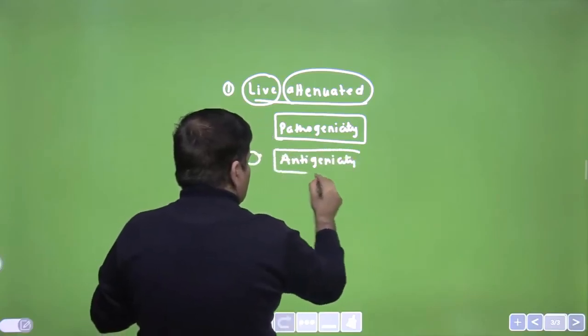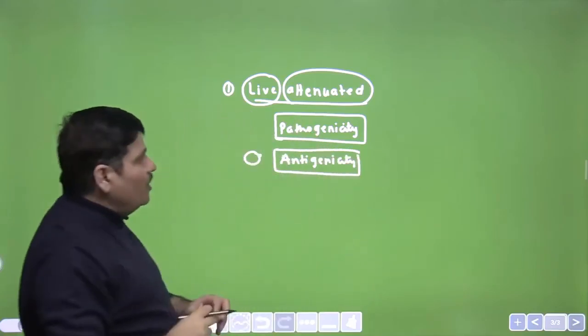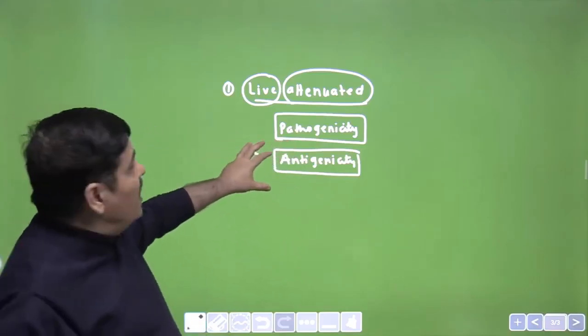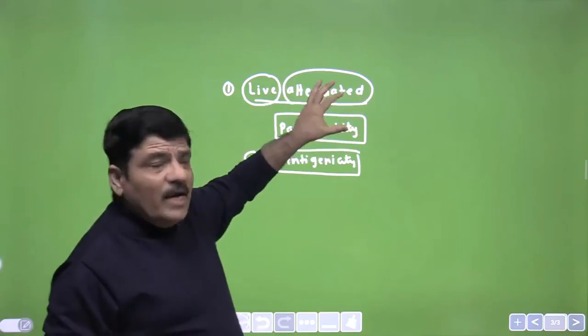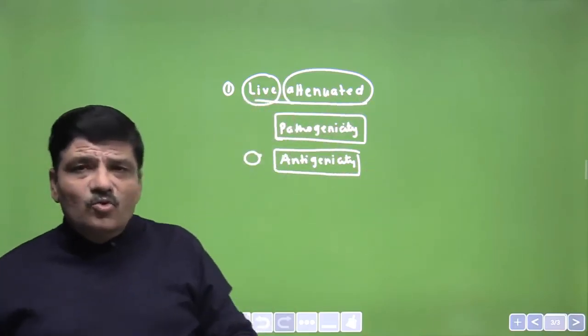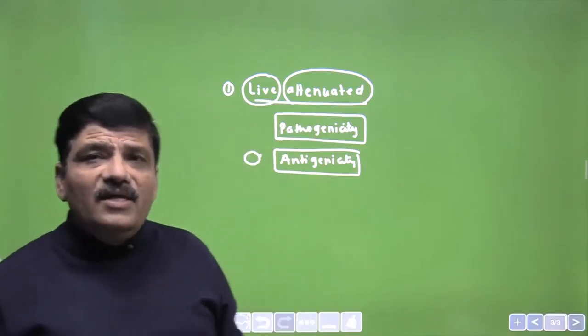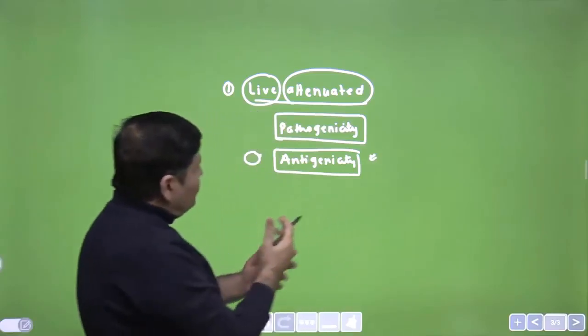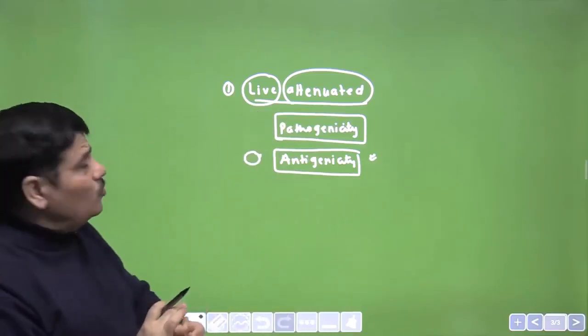So this type of vaccine, a live attenuated vaccine, carries a live pathogen that has been attenuated. Attenuated means the pathogenicity has been significantly reduced while maintaining the antigenicity, and this is going to initiate the immune response, and this is how these vaccines are used.